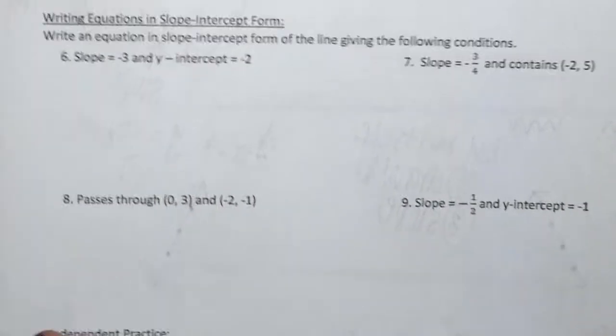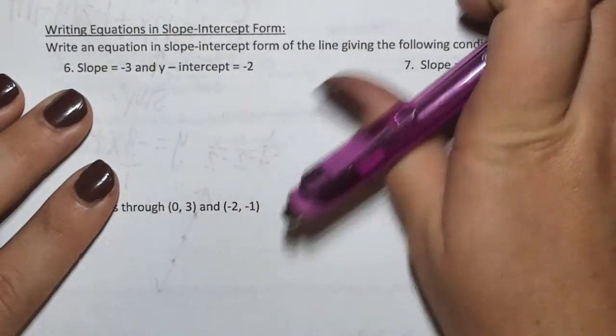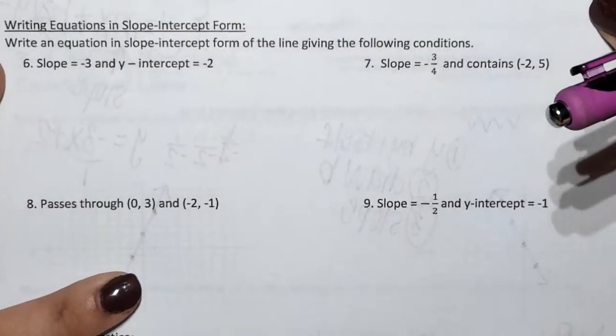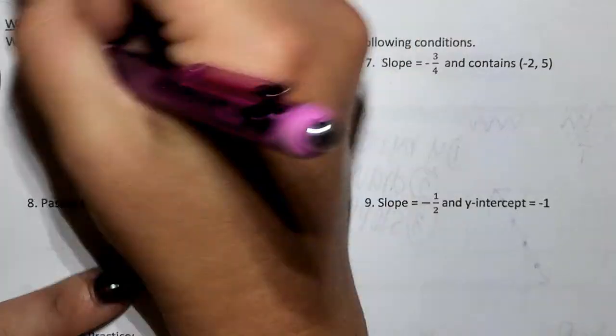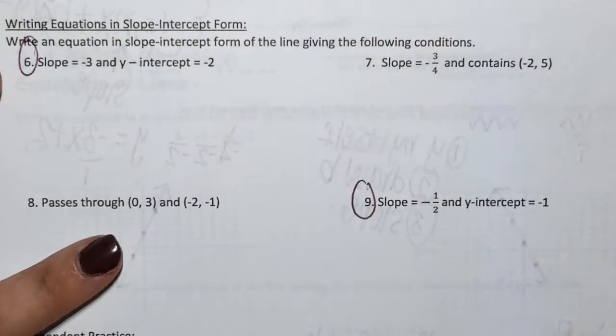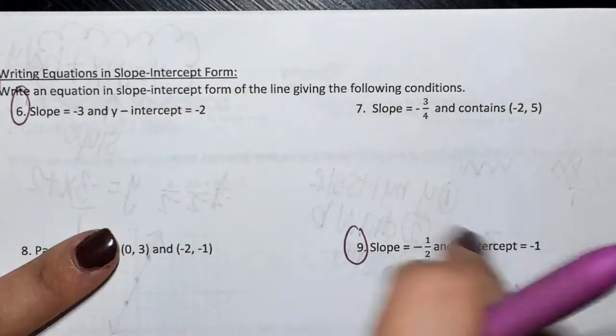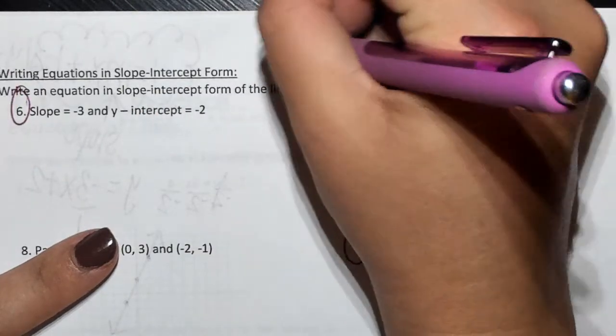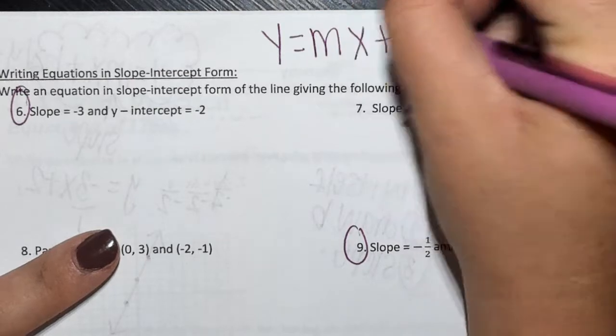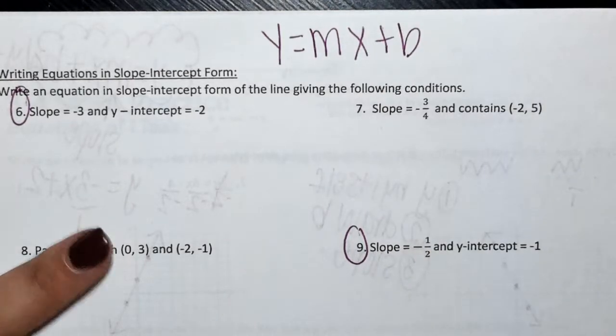So it's easy to write in slope-intercept form on number 6 and 9 because we're already given the two things we need. We need slope and y-intercept. Well, we're given both of those on 6 and 9. So go ahead and plug in your slope and your y-intercept for 6 and 9.